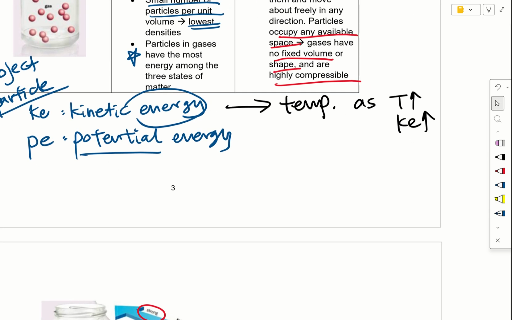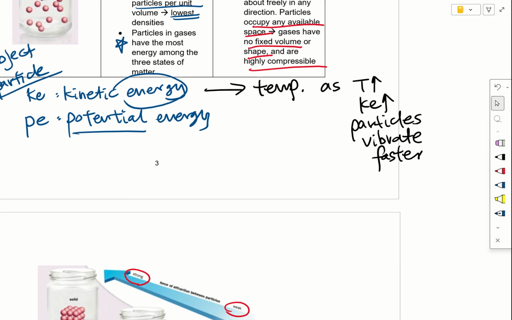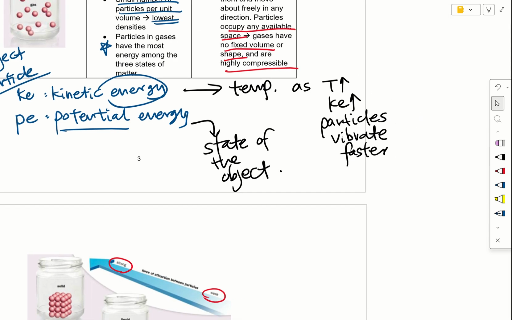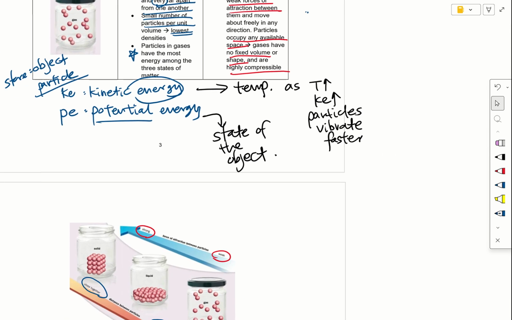How do we see that? The particles vibrate faster, or they move faster. So temperature will affect the kinetic energy of the particle. How about the potential energy? It relies on the state of the object.